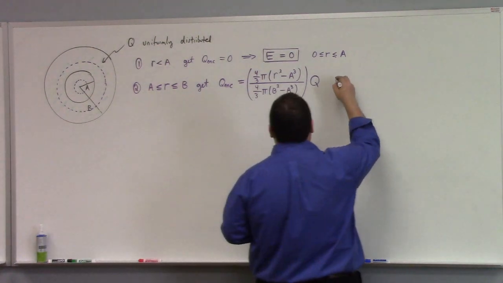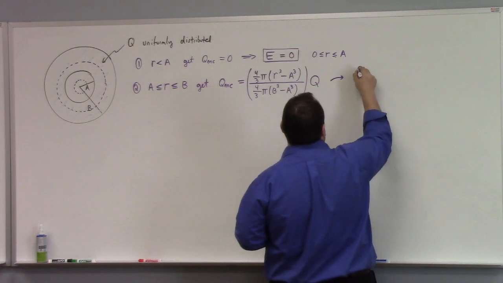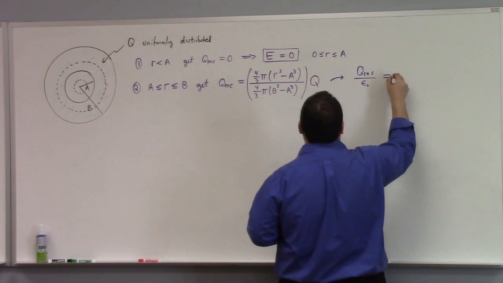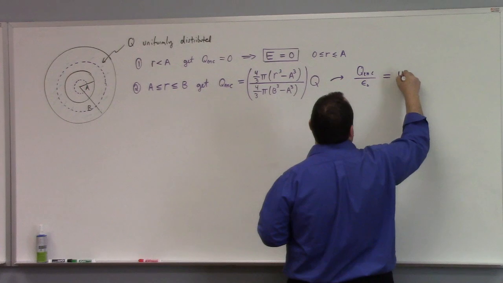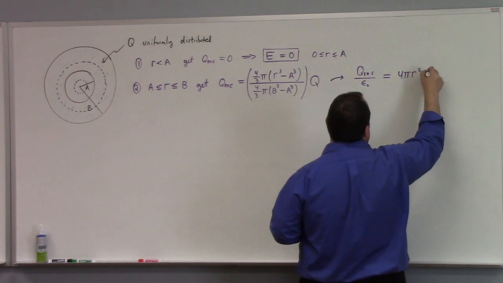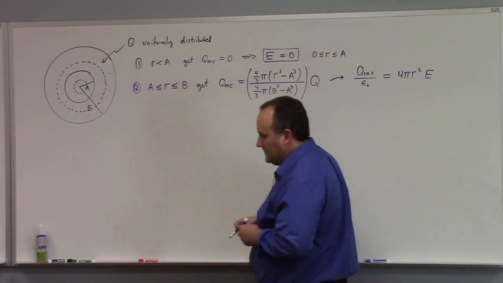Just to recap, Q enclosed divided by epsilon naught is equal to 4 pi R squared times E, because we have got spherical symmetry. That's the flux.